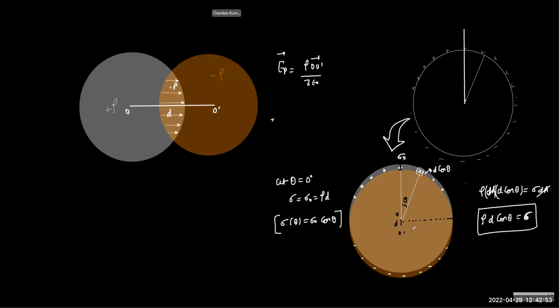The electric field will be uniform throughout the volume except at the surface, right? So can we say that the electric field is going to be like this, parallel to O dash? It is clear.